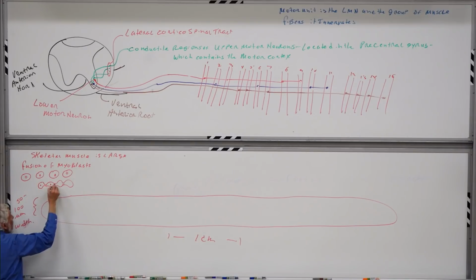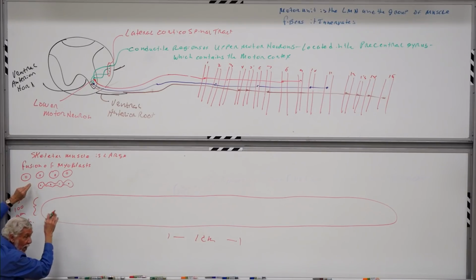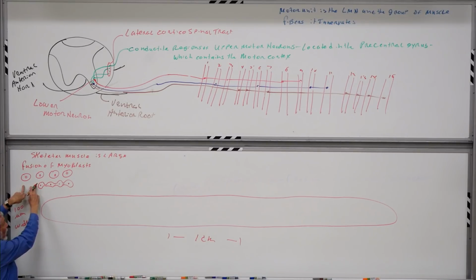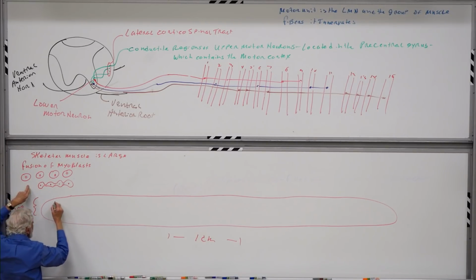Each one of these myoblasts contributes a nucleus. So when we generate a muscle cell during development, we may have a few hundred of these individual myoblasts fusing together, each one contributing a nucleus.